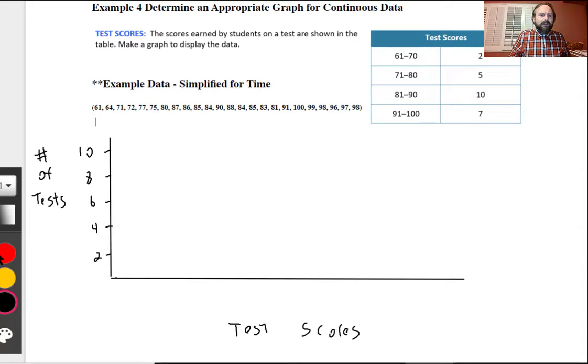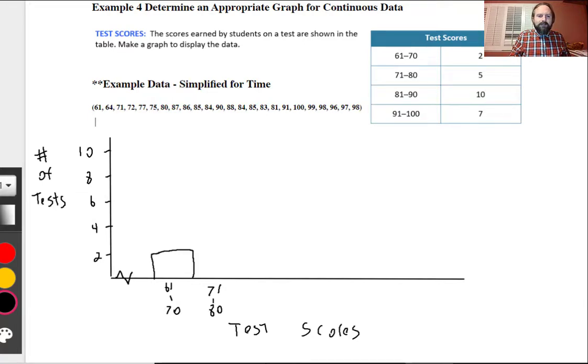So I'm going to create a break in the chart right here, and we're going to start at 61 to 70, and then let's write this in. So 61 to 70 is this much. Now we don't know anything below it, so I'm going to leave this blank right here. Next up is 71 to 80, and it looks like it's going to be 5.